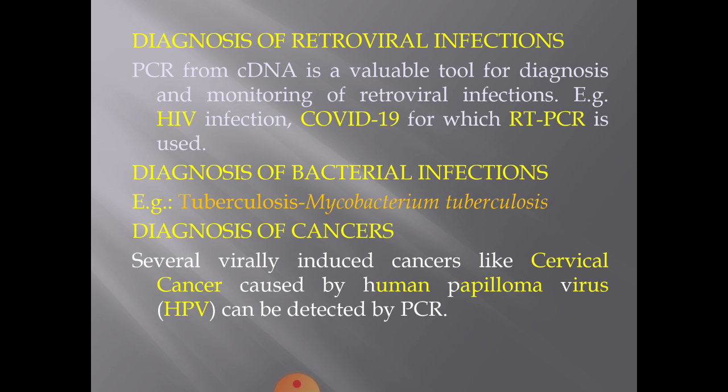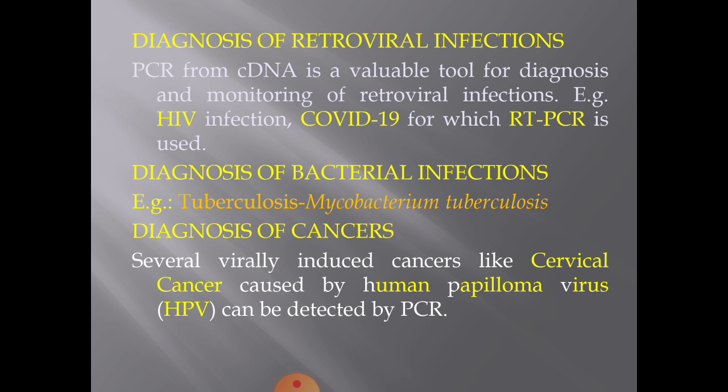So, you can diagnose retroviral infections by PCR technique. Apart from viral infections, bacterial infections are also diagnosed. Best example is TB, tuberculosis, caused by the bacterium Mycobacterium tuberculosis.